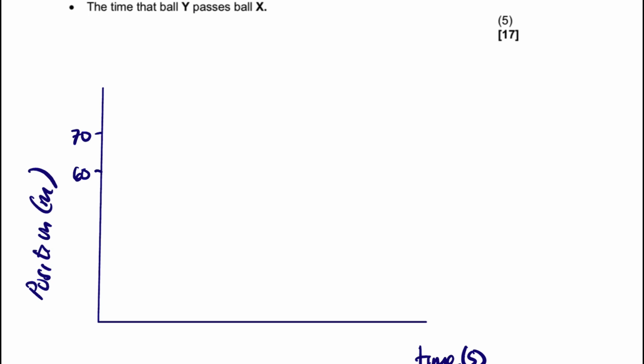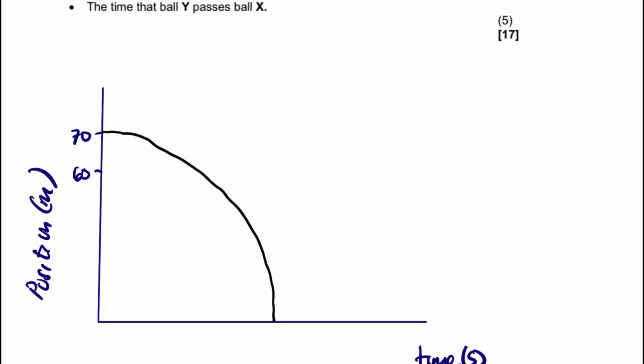Let's start with the ball y. The ball y was dropped. I'm going to use different colors. This is ball y. Ball y was dropped and reached the ground there, right?